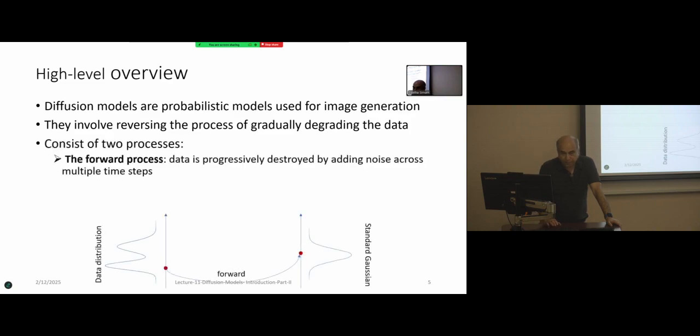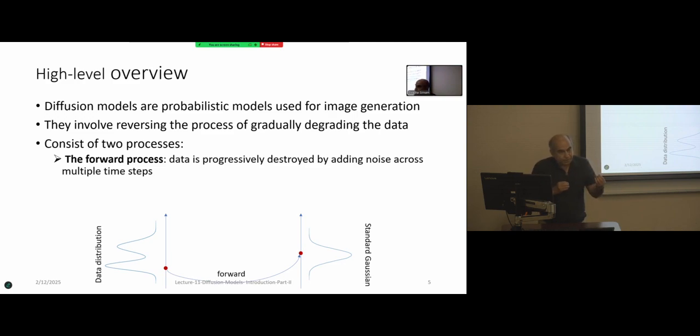And this process is called the forward process. So we start with some data set, like ImageNet or CIFAR or CelebA and so on. That data set has some distribution, which is shown here, okay? That's a high-dimensional space, but here I'm showing just a one-dimensional space.